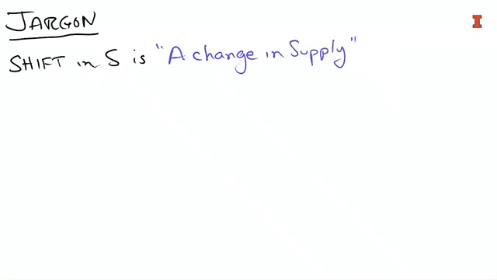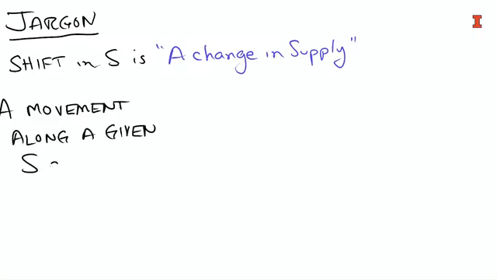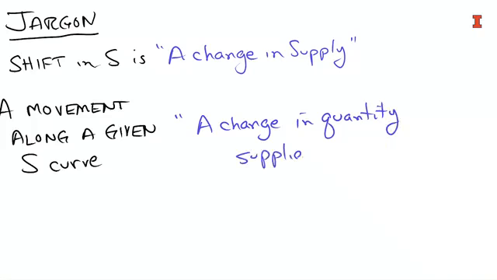On the other hand, a movement along a given supply curve is known as a change in quantity supplied. Exactly as we learned when we talked about the demand curve. This jargon is so that we know when we're talking to each other whether we're talking about the supply curve itself moving or if the supply curve is stationary and you're moving along it.